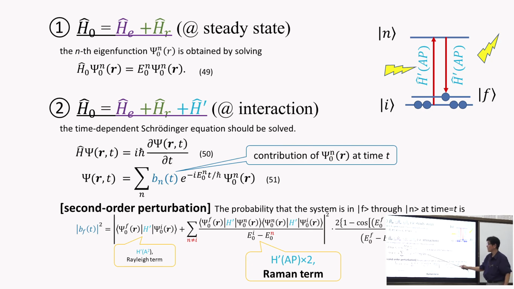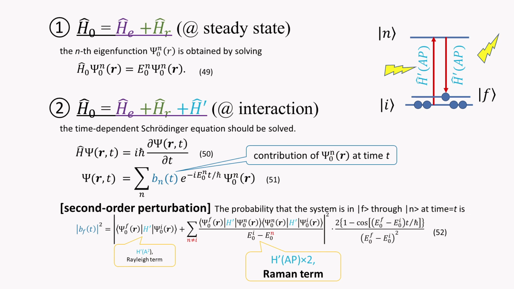And the temporal dependence or significance of this wave function is expressed by using the time-dependent coefficient, B and T. B and T indicates the contribution of this wave function at time t. So the contribution of each wave function as a solution of the steady state Schrödinger equation changes time by time.